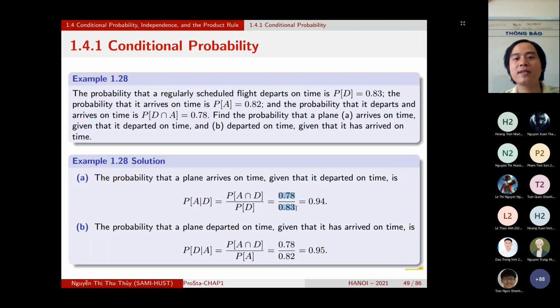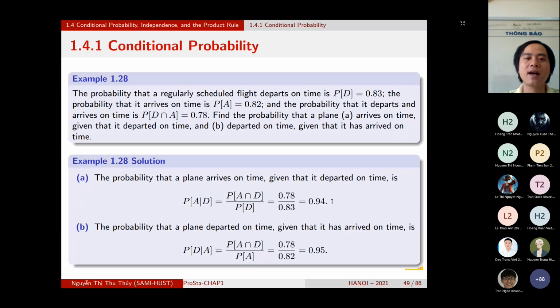So that is the fraction of 0.78 divided by 0.83, and you get a bigger probability. Given that it departed on time, the probability that it arrives on time is very big, nearly 1.